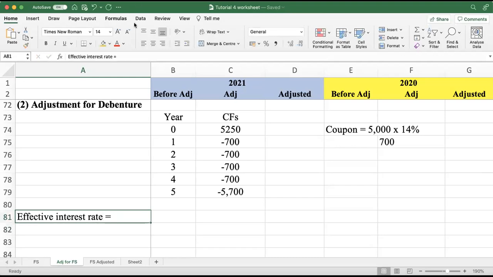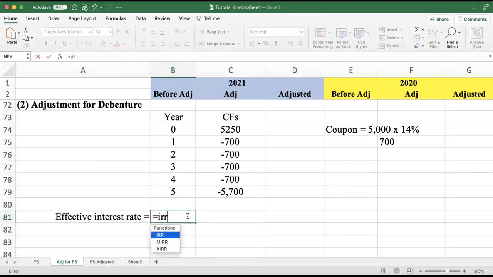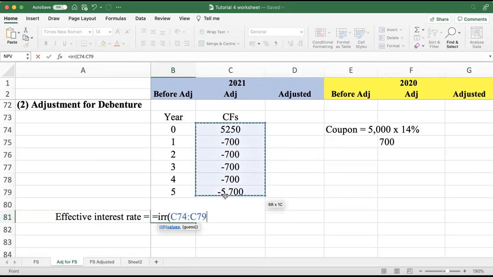Right. So using these cash flows, you have to find the effective interest rate. So that's IRR. You can apply IRR function. So you select these values.